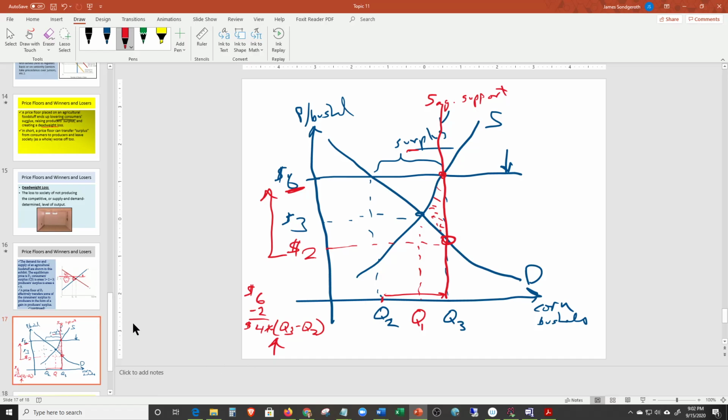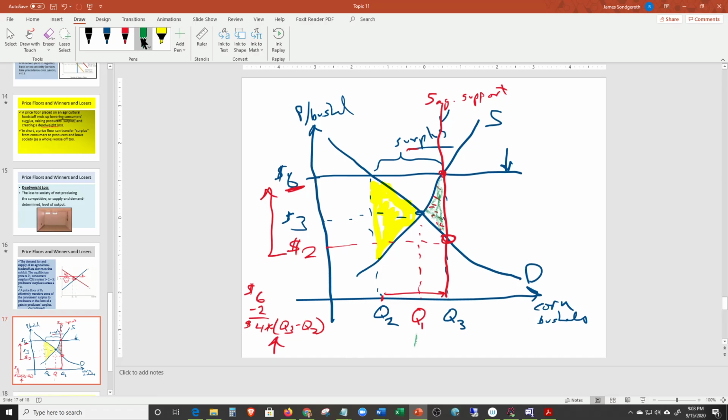Oh, well. It's fun to think about this because what would the dead weight loss be without that program? In other words, if they had the surplus, the dead weight loss would be everything in here, right? And I'm saying that the dead weight loss is just this part here now, because they're producing more than the equilibrium quantity.